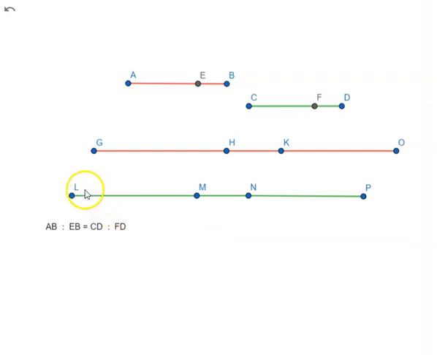Similarly, we can show that if it is less, it will be less. If it is equal, it will be equal. And this is exactly what definition 5.5 says.